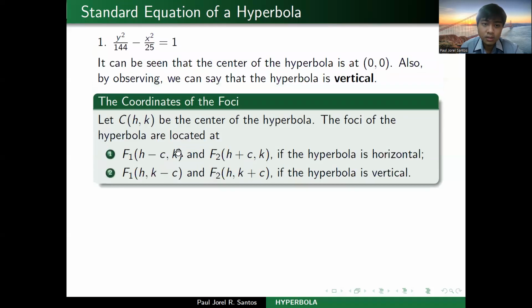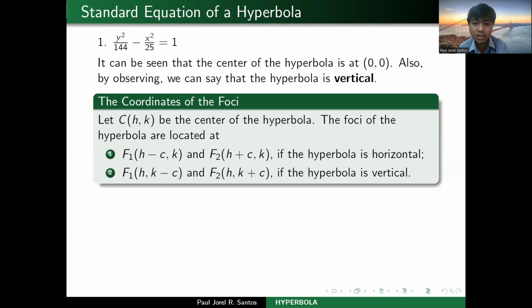Now, let us determine the coordinates of the foci. There are two foci here. Having the coordinate (h, k) be the center of the hyperbola, the foci are located at... Now, the question is, which of these formulas are we going to use? Is it the first one or the second one?